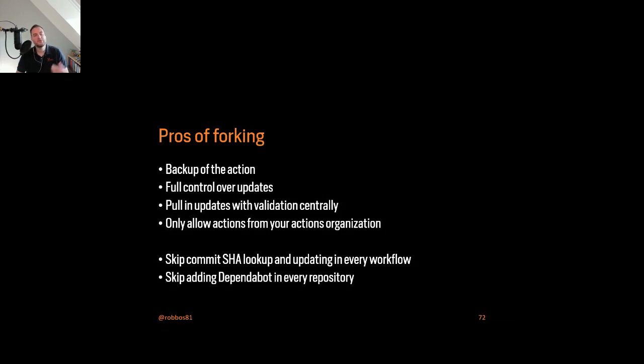It also means that you can skip the commit SHA lookup because you have a security process in your actions organization where you don't have to use the SHA hashes. You can always use the latest version unless you really want to use a specific version to prevent breaking changes. And if you don't use the version or the SHA lookup, all of a sudden you can skip adding Dependabot in each and every single repository to make sure you're up to date. So you now have a central system that works a little bit better.